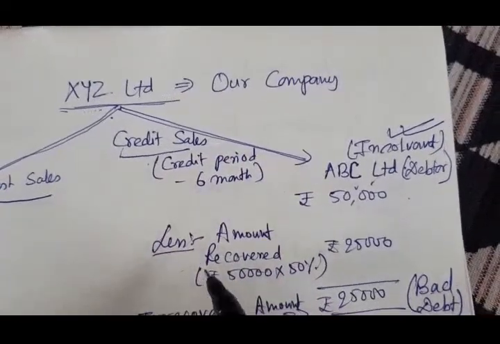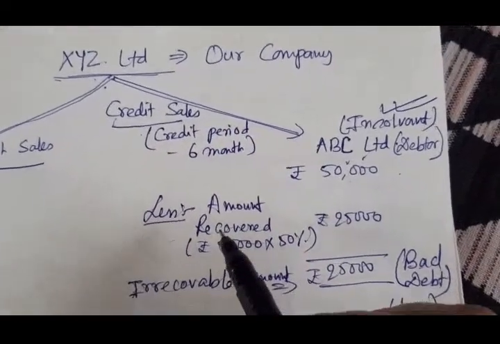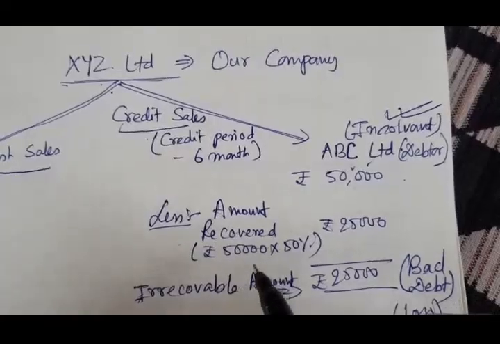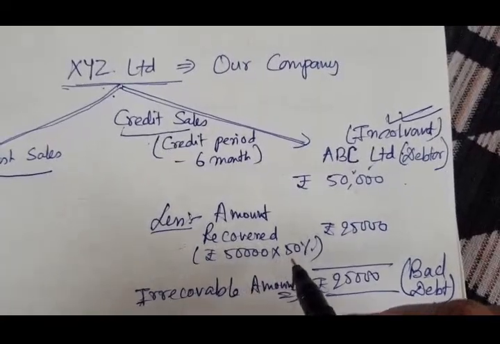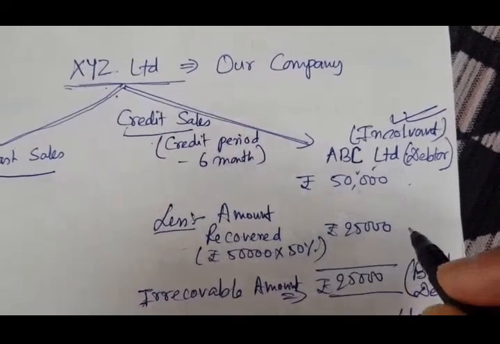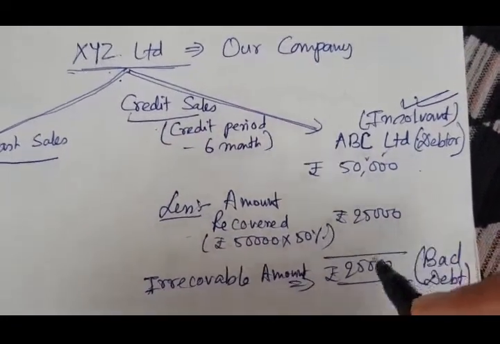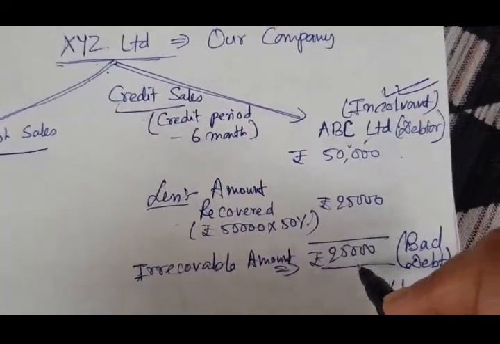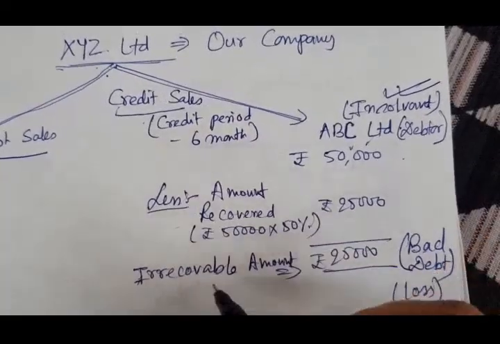Somehow our company has recovered 50% of the due, meaning 50,000 into 50%, 25,000. The rest, 25,000, is the irrecoverable amount.